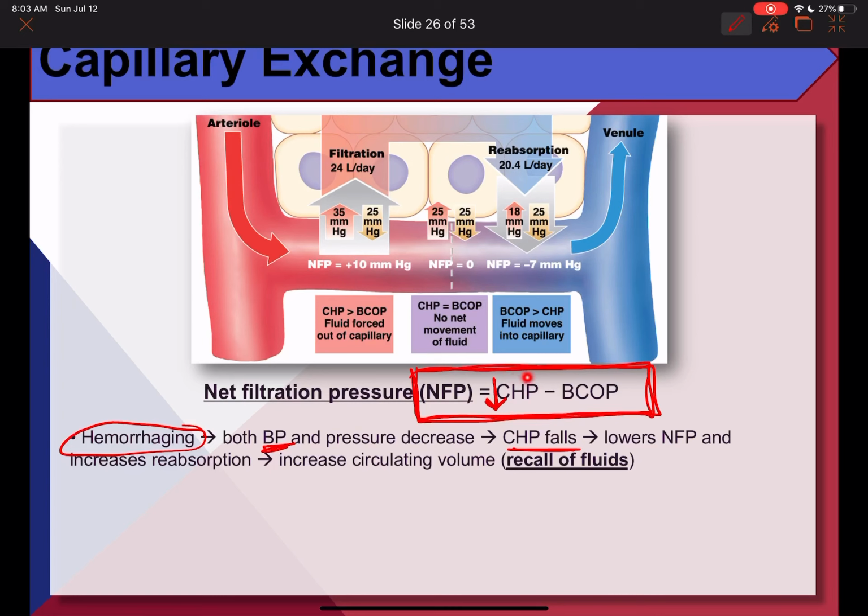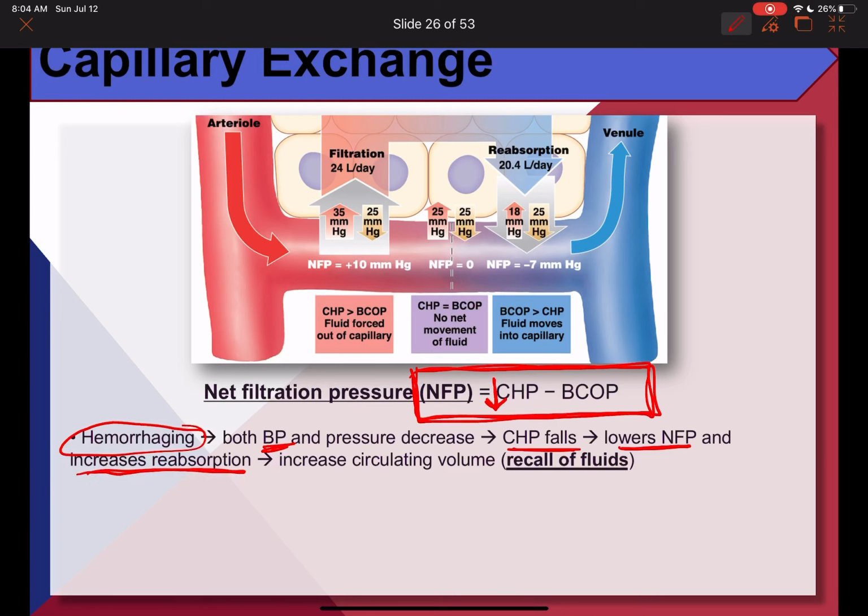You're subtracting BCOP from a smaller number, so your NFP is going to become a smaller value. So you're going to lower your NFP when CHP falls. With NFP decreasing, a smaller NFP usually means reabsorption will be increased.